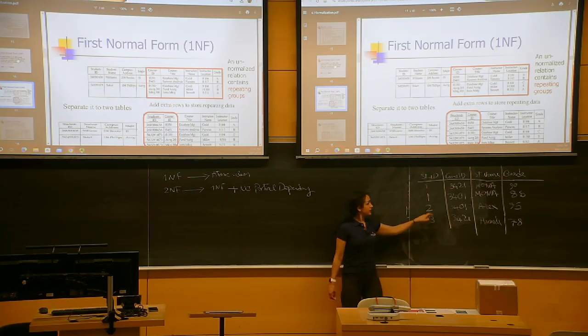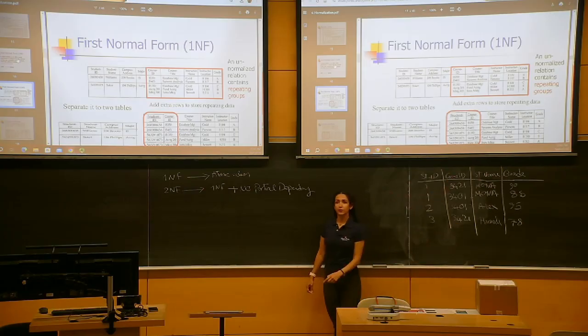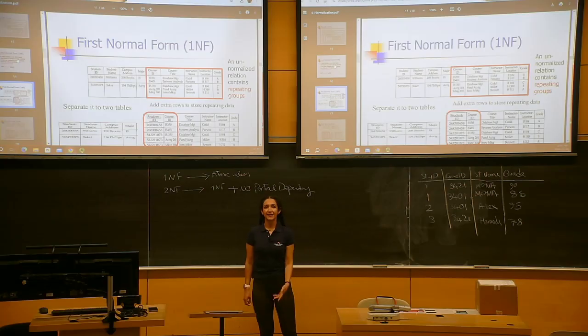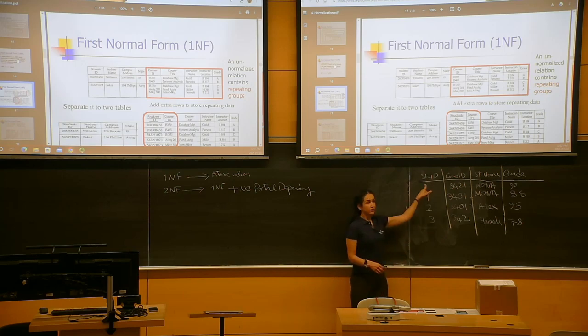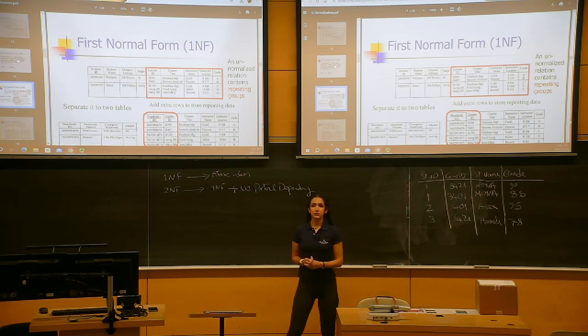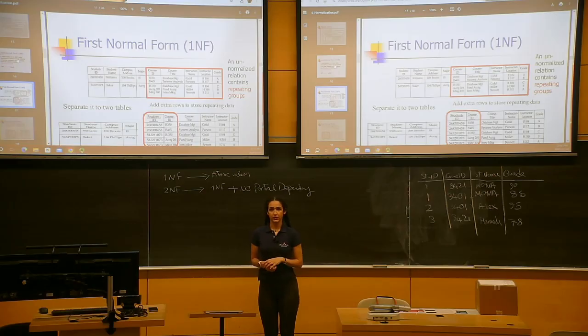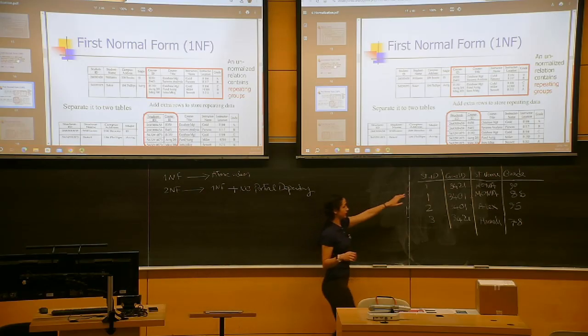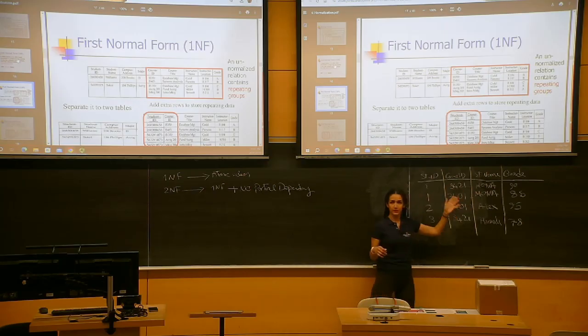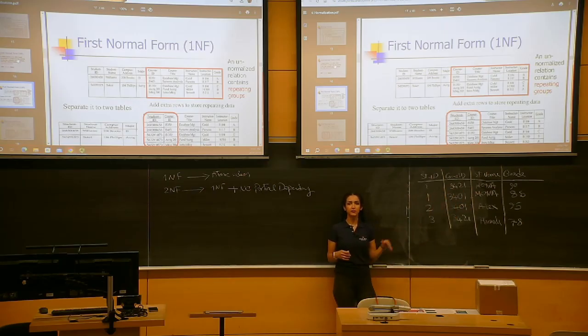Is course ID your primary key? Again, no, because course is also repeated. How about the combination of student and course? In this table, yes, assuming that we're talking about a specific semester and each student is enrolled in each course only once. If this is our current table, yes.